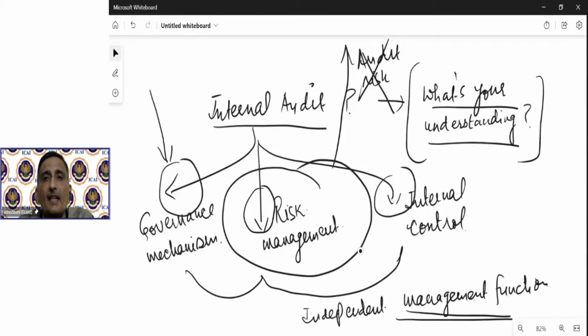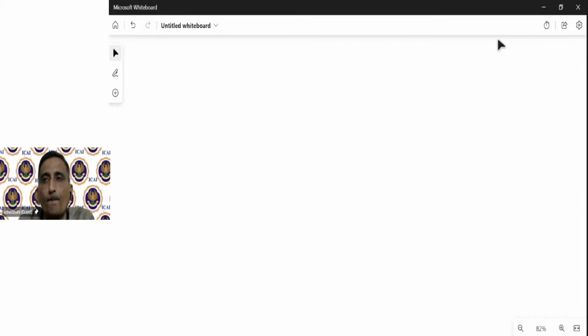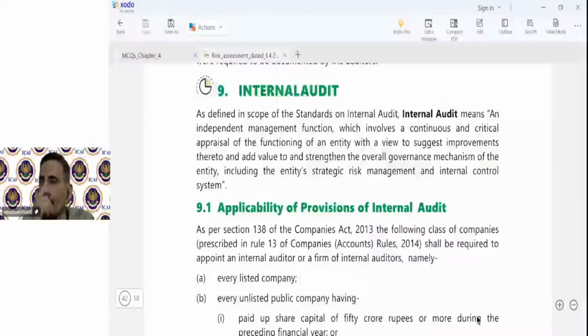So is that clear to you guys? So now we see what is there in your module. Yes, guys, you are able to see your module.